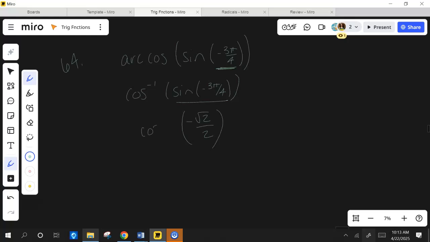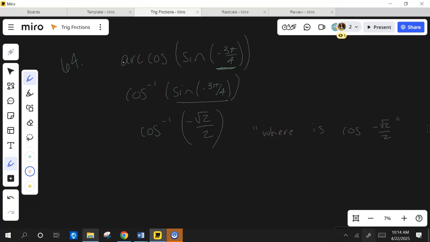Now, you have to remember, what does the inverse trig function tell us to do? That's not the reciprocal. What the inverse says is, where is cosine the negative square root of 2 over 2?